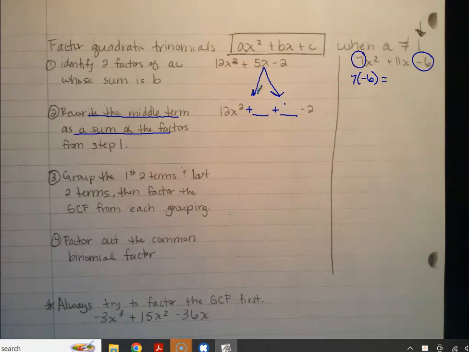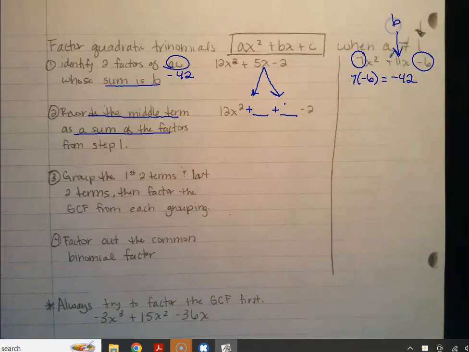Okay, so well, let's pick up here then. We'll walk through it even if you don't remember. So what's 7 times negative 6? Okay, negative 42. So now we need to find the factors of AC, negative 42, whose sum is B. Okay, so B is here.